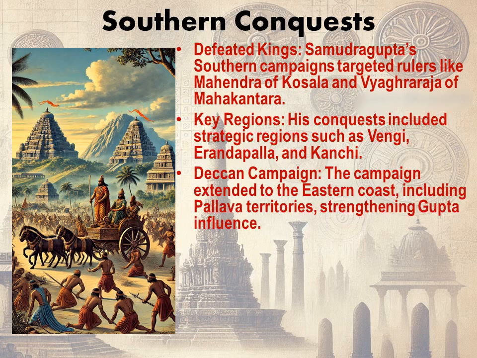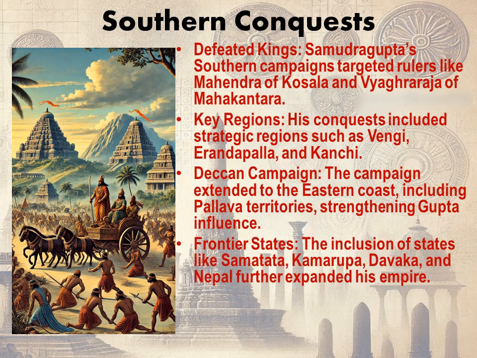The campaign extended to the eastern coast, including Pallava territories, strengthening the Gupta influence. So he conquered the Pallava territories also and reached up to the eastern coast. The inclusion of states like Samatat, Kamrup, Devaka, and Nepal further expanded his empire.